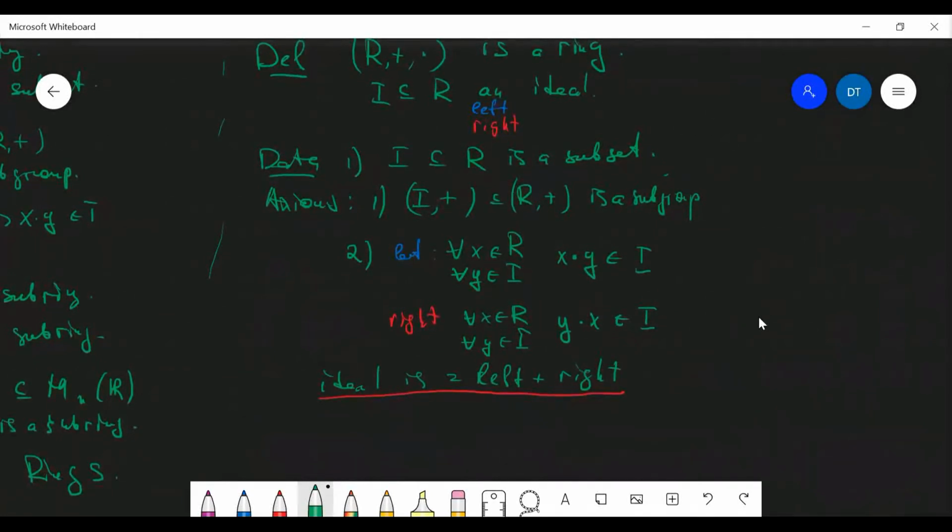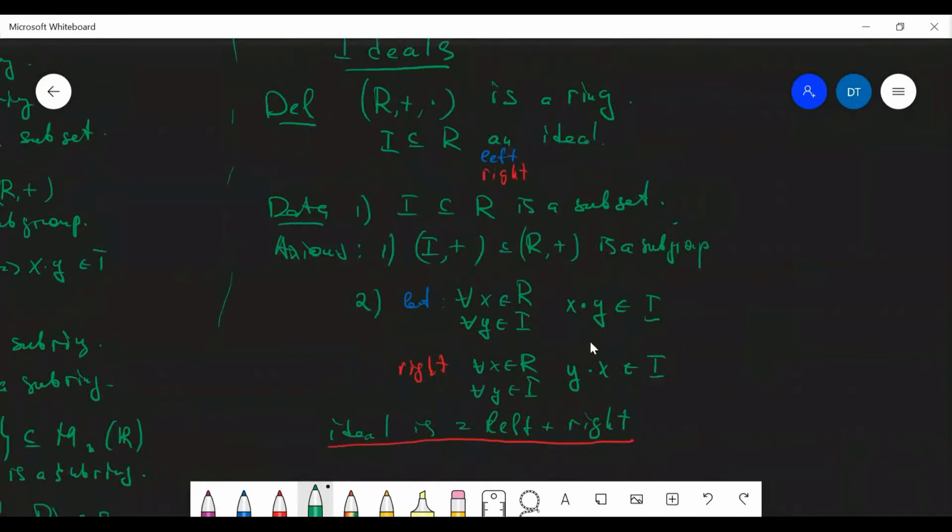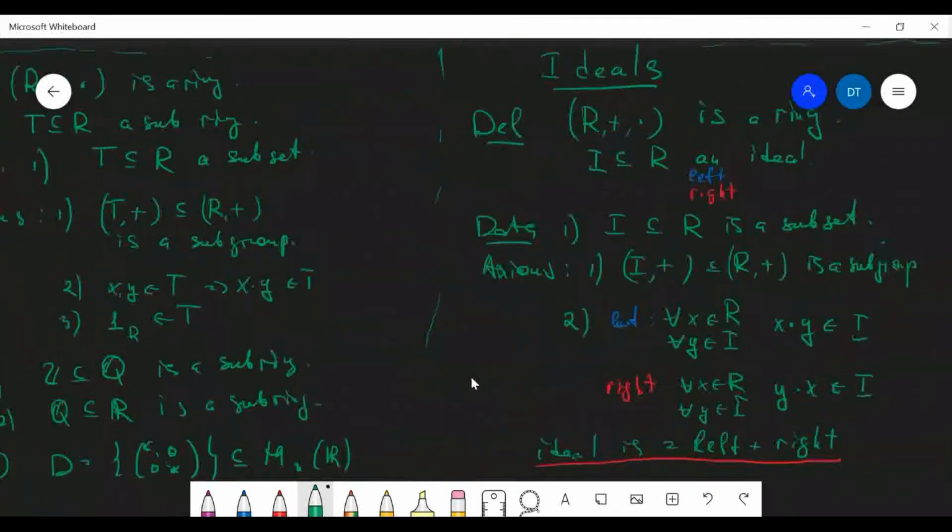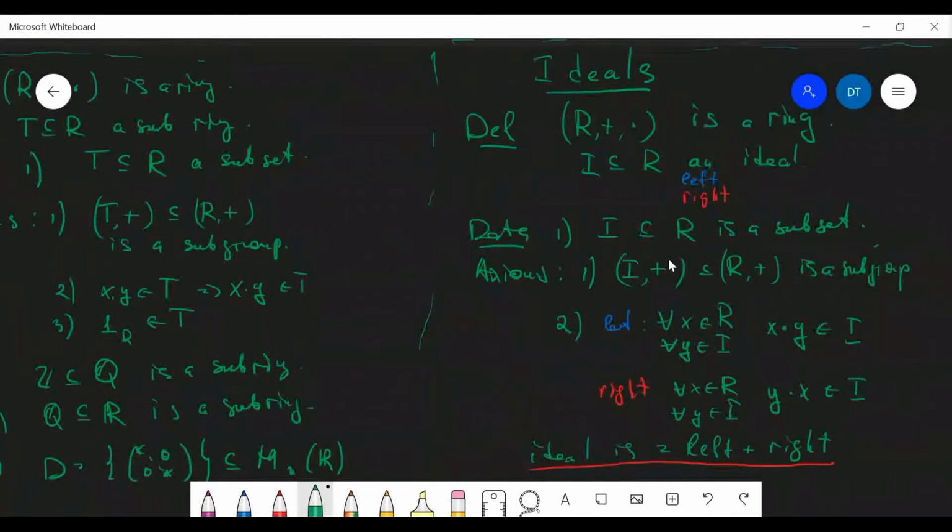I'll show you examples in a minute, but let me point a crucial difference between ideals and rings and subrings. Well, the first part of the definition here and here is exactly the same. A subring is an abelian subgroup and an ideal is an abelian subgroup. But in case of a subring, the property for the multiplication is weaker.